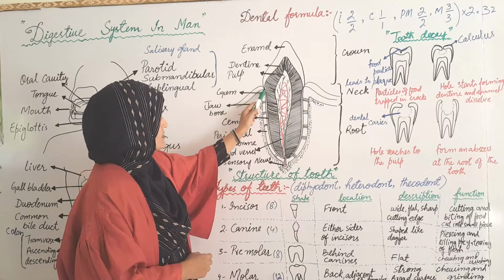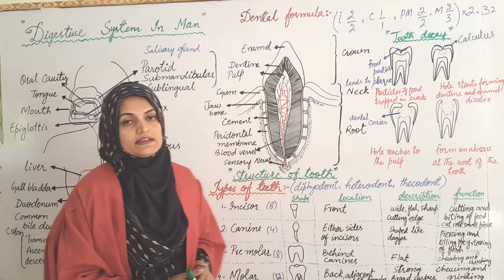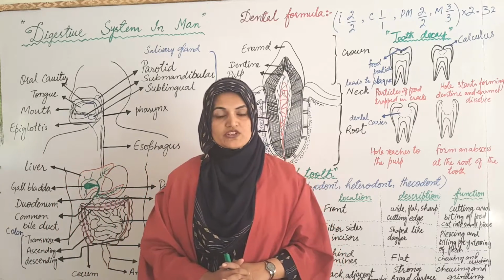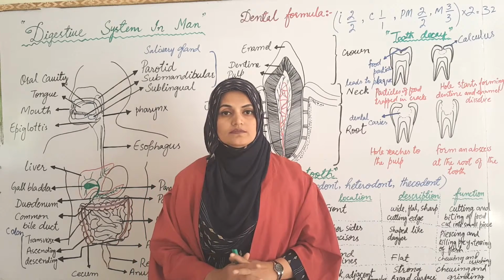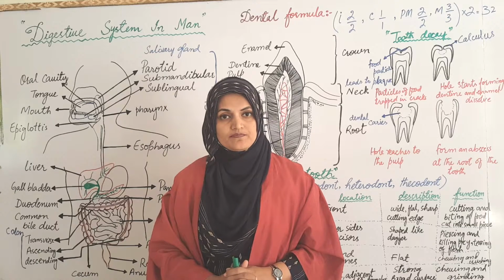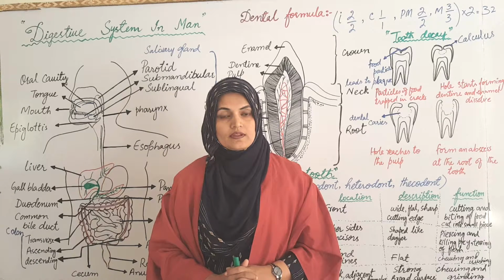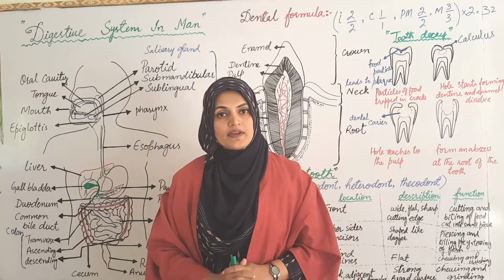If this inflammation reaches the periodontal membrane, then pain is caused to the patient, as a result of which the tooth may decay or toothache may be suffered by the patient. This is termed periodontal disease.